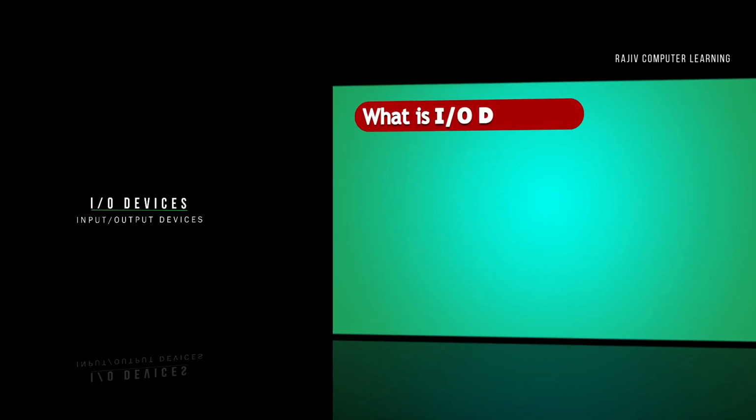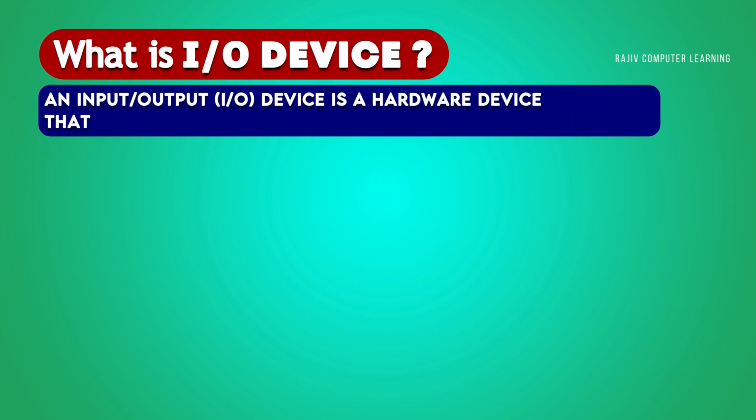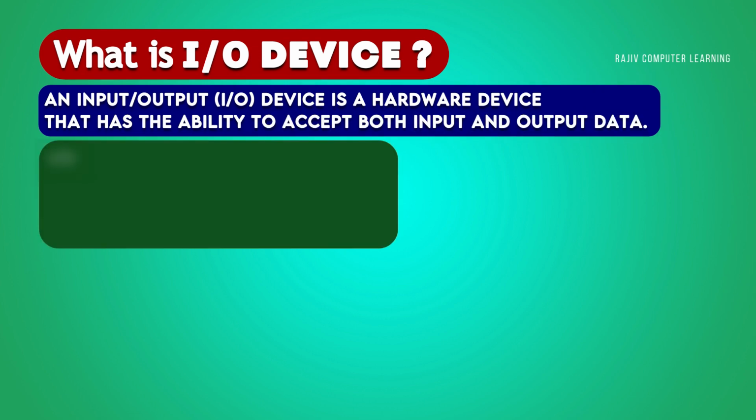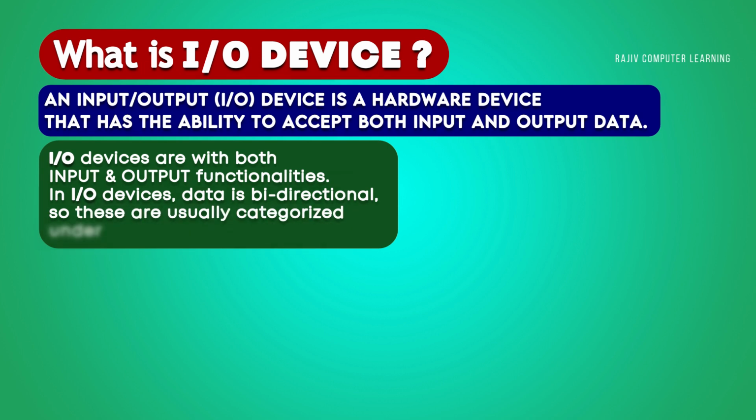What is an I/O device? An input-output or I/O device is a hardware device that has the ability to accept both input and output data. I/O devices have both input and output functionalities. In I/O devices, data is bidirectional, so these are usually categorized under storage or communication.